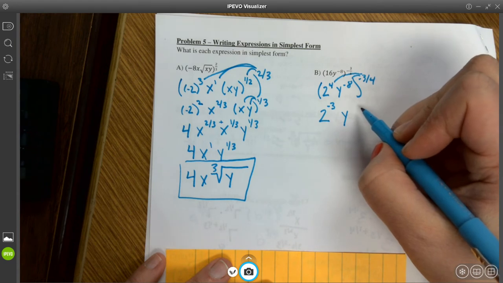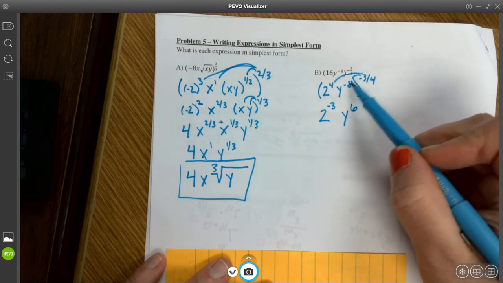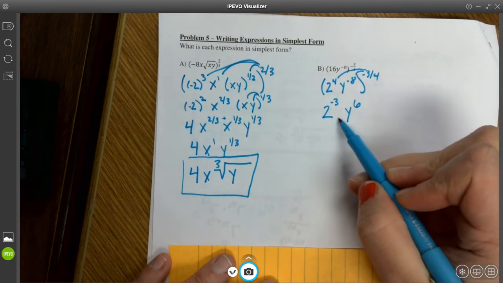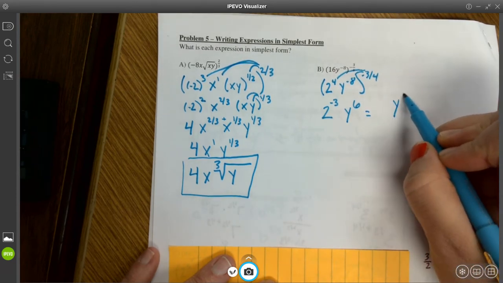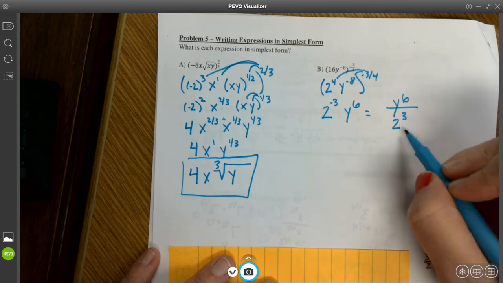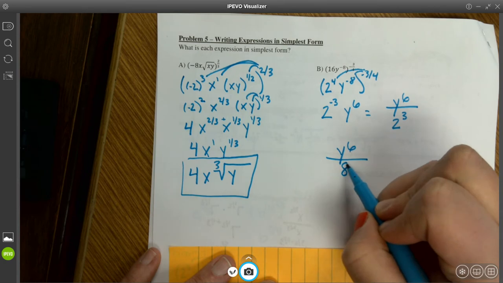Y to the 6th, because this becomes positive 24 over 4, which is 6. Don't leave it as a negative exponent. This would be y to the 6th, that's positive, so that stays on top, over 2 to the 3rd. You can simplify that further. Y to the 6th over 2 to the 3rd, which is 8.